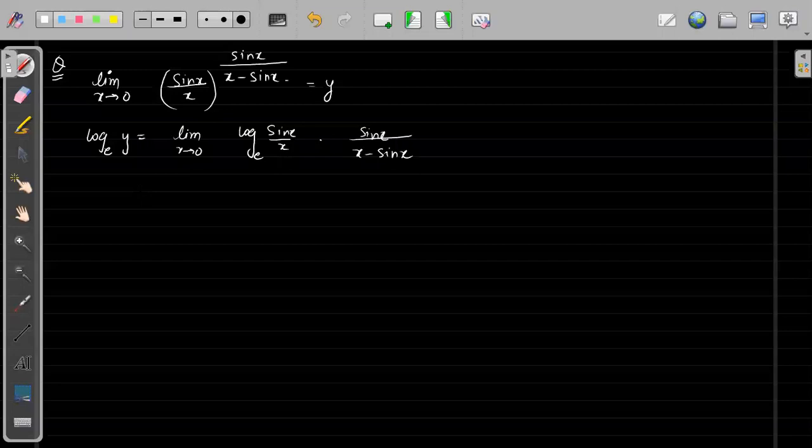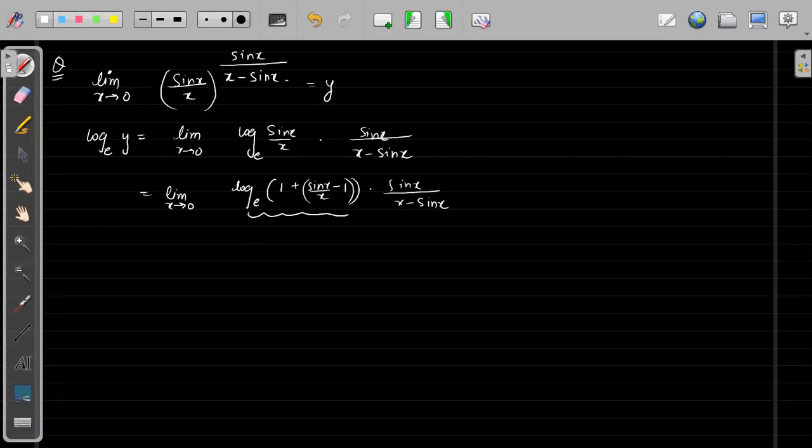Now I can write this as limit of x tending to 0 of log base e of (1 plus (sin x by x minus 1)) into sin x upon x minus sin x.